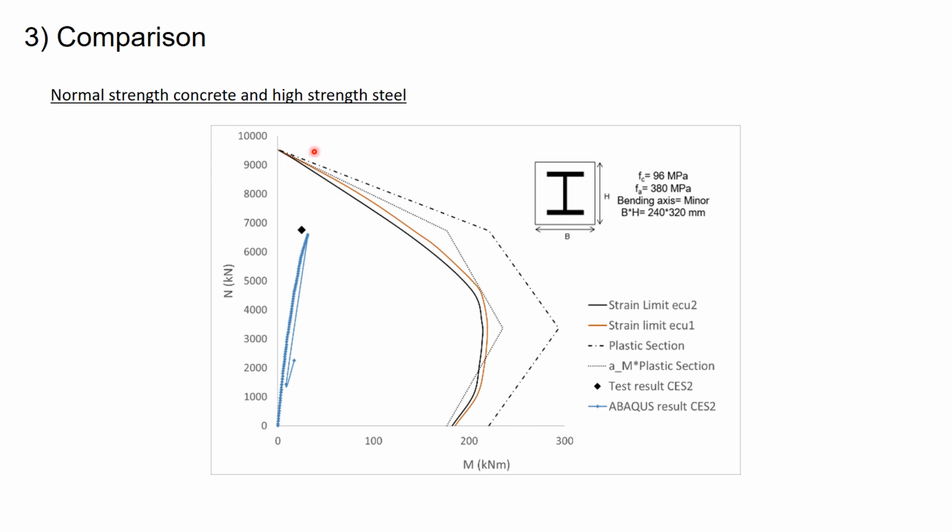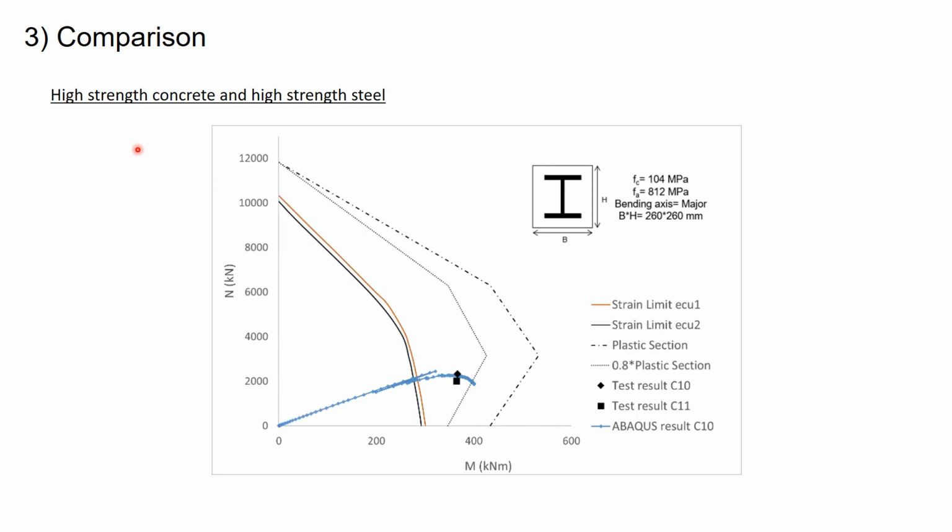We see that the plastic section has the greater capacity, but of course, when it's multiplied with alpha m, it shows a very close curve to the strain limited versions. But interestingly, the test result point falls inside the interaction curves for all of the cases, when it should actually be outside so that our interaction curves predict the failure.